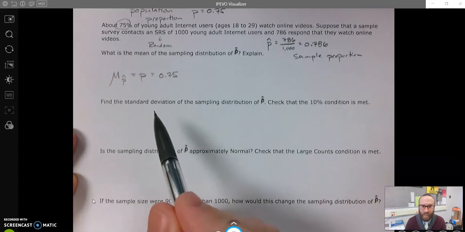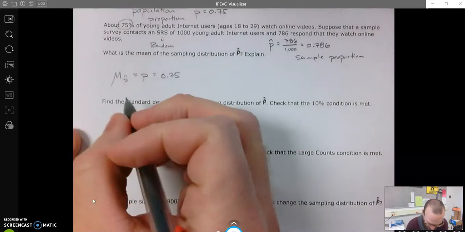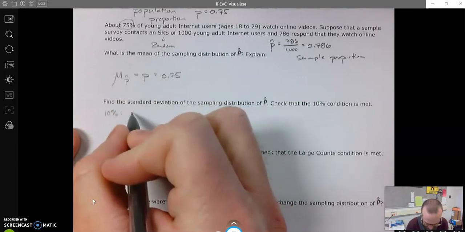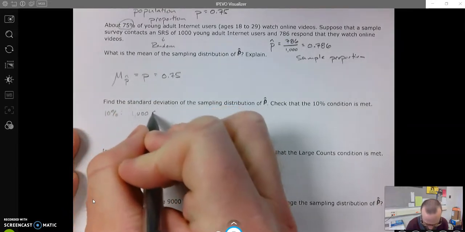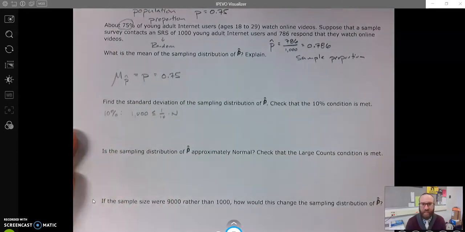The standard deviation is going to work as long as the 10% condition is met. So I'm actually going to check the 10% condition first by saying that 1,000 is less than or equal to 1/10 of the population size. And this is what I mentioned in class. I don't know the population size. They're not telling me how many young adult internet users there are, but it's a lot.